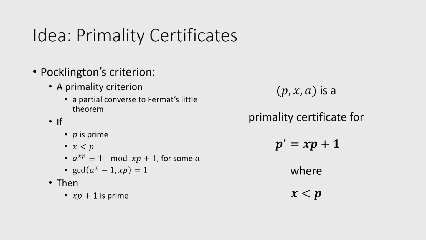So what I want to emphasize is that this allows you to, in some sense, double the size of your prime, because x can be as big as p. So if you're interested in trying to find a larger prime, you can imagine randomly sampling x to be almost as big as p, but not quite as big as p.